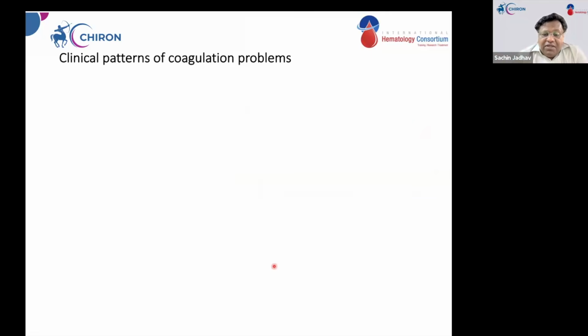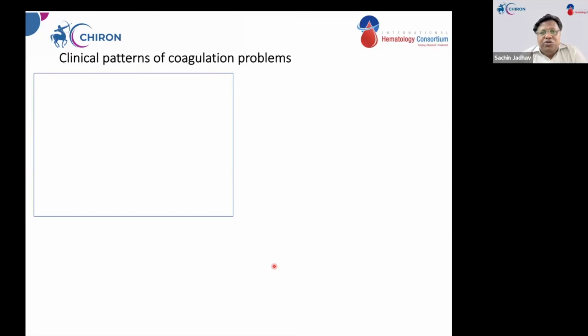To make things simple, we divide the clinical patterns of coagulation issue into two types, right? So the first is a bleeding disorder, and the second is a clotting disorder. A bleeding disorder happens when there is superficial bleeding, and by superficial we mean the skin and the mucous membranes.